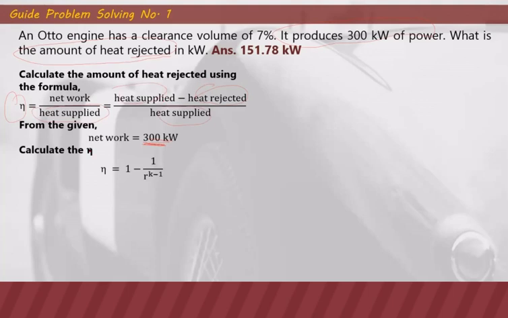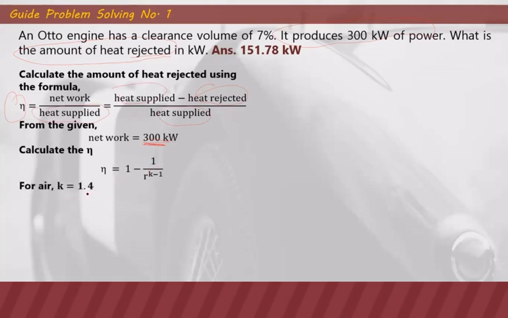For an Otto engine, our air standard efficiency, the shortcut formula using the compression ratio, is 1 minus 1 over the compression ratio to the power of k minus 1.